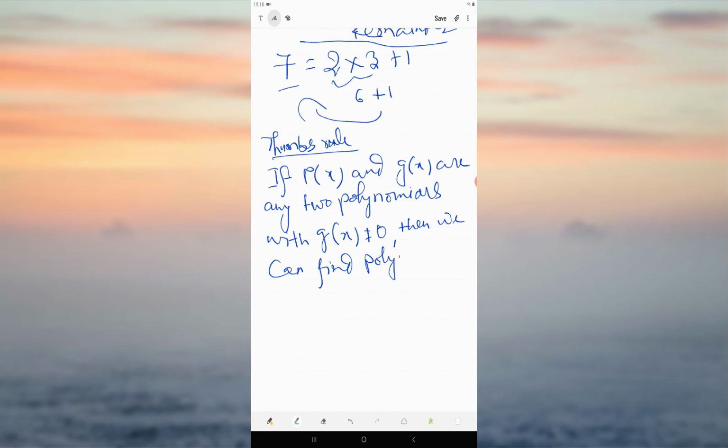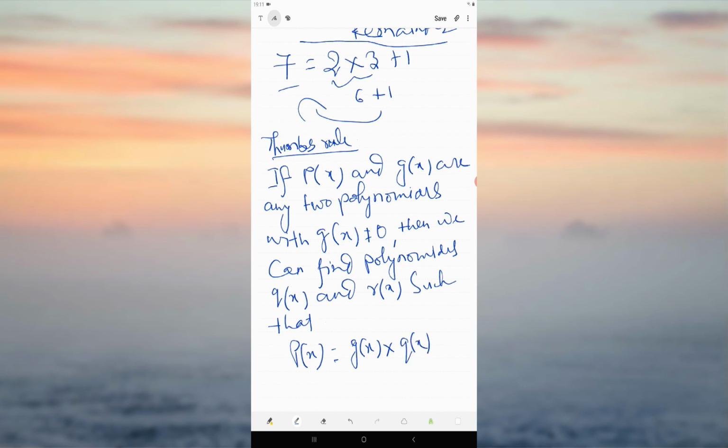So if p(x) and g(x) are two polynomials with g(x) not equal to 0, then we can find polynomials q(x) and r(x) such that p(x), the dividend, equals the divisor, that is g(x), into the quotient q(x), plus the remainder, that is r(x). So if you are dividing p(x) by g(x), you will get this q(x) and r(x). Correct?